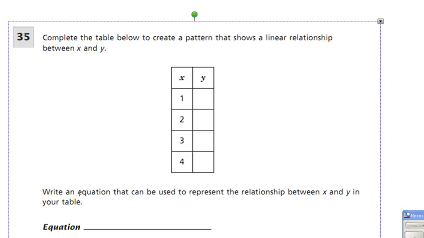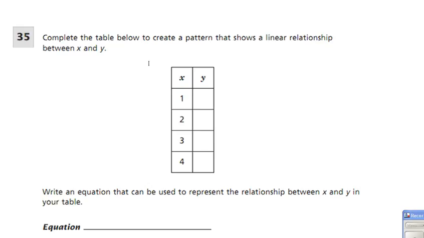Alright, so write an equation that can be used to represent the relationship between x and y in your table. Now, complete the table below to create a pattern that shows the linear relationship. When they say linear, we're talking about y equals mx plus b. Now, that means as x increases by 1, y also has to be increasing by a certain amount.